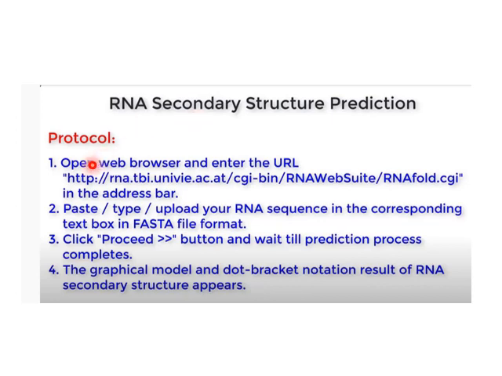To do that, we open a web browser and enter this link, and then paste or upload our RNA sequence in the corresponding text box. Then we click proceed and wait until the process completes. The graphical model and dot-bracket notation result of the RNA secondary structure will appear.